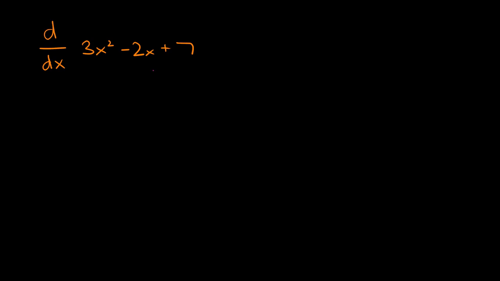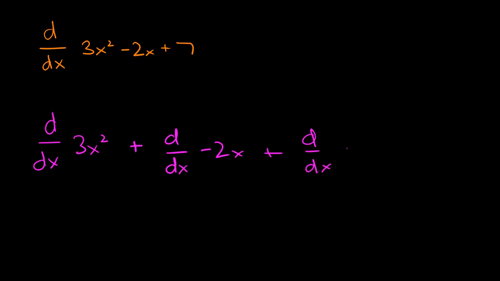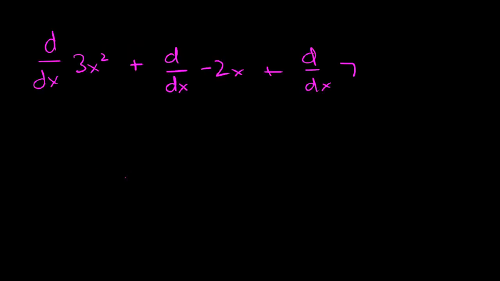So how can we rewrite this? d over dx of 3x squared plus the derivative of minus 2x plus the derivative of 7. Now we've broken up this problem into 3 different problems.